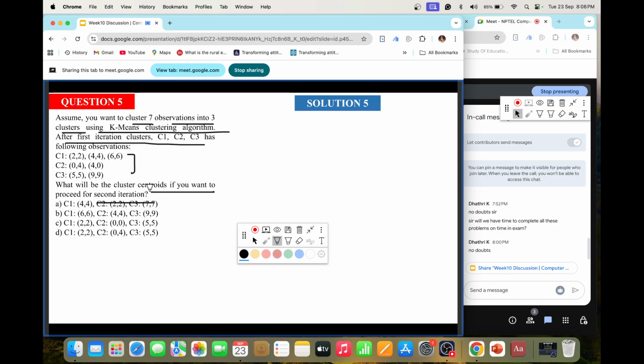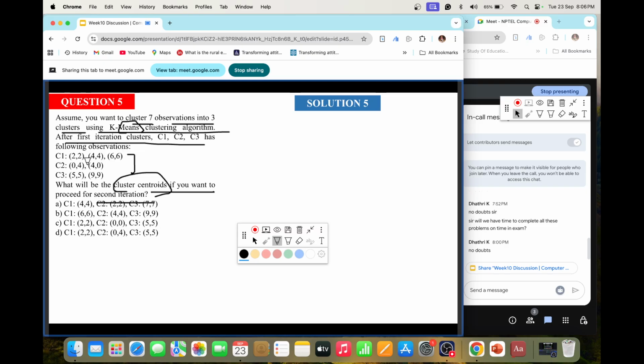Very easy. In K-means, the cluster centroid is nothing but the mean of the data. So mu1 will be 2 plus 4 plus 6, that is 12 by 3, that is 4, so 4 comma 4 will be mu1.